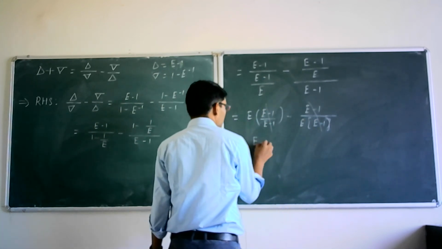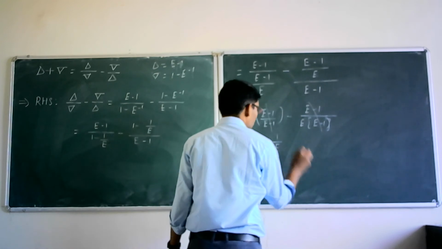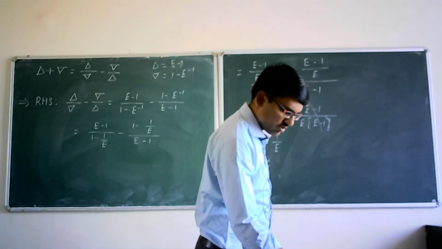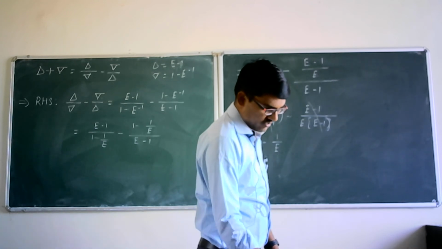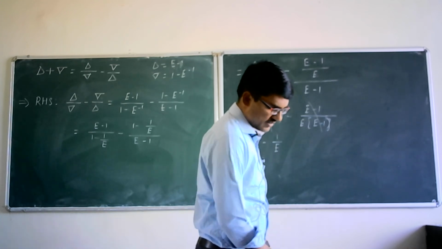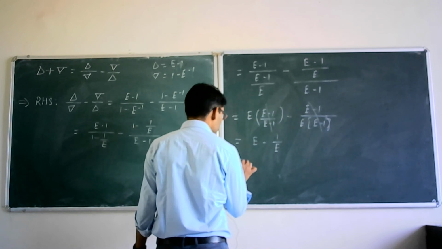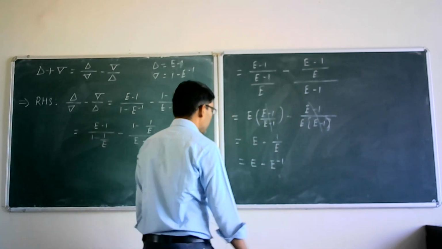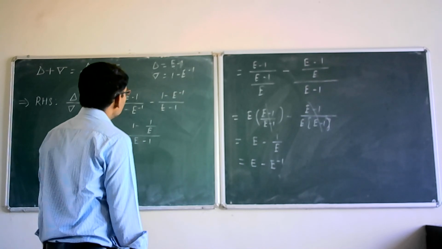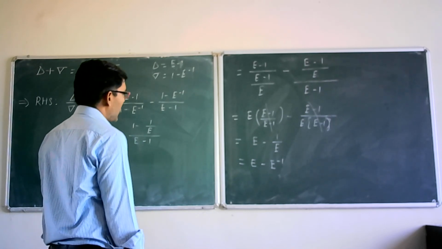It is e minus 1 by e. So we can write this as equal to e minus e inverse. And what is e minus e inverse?